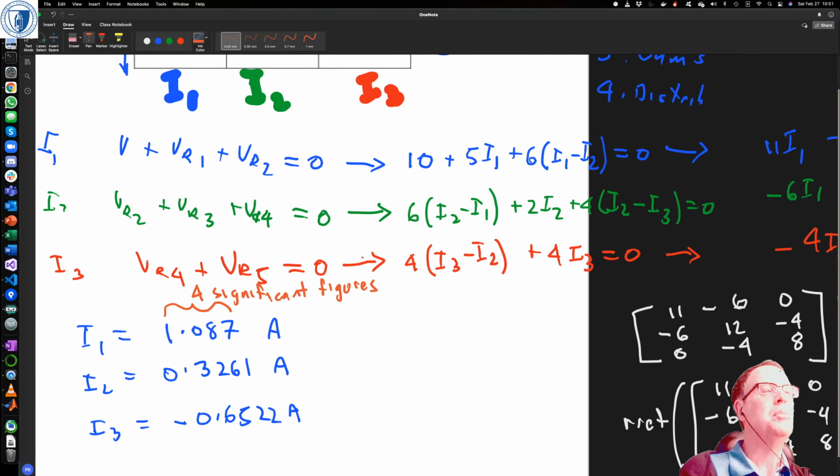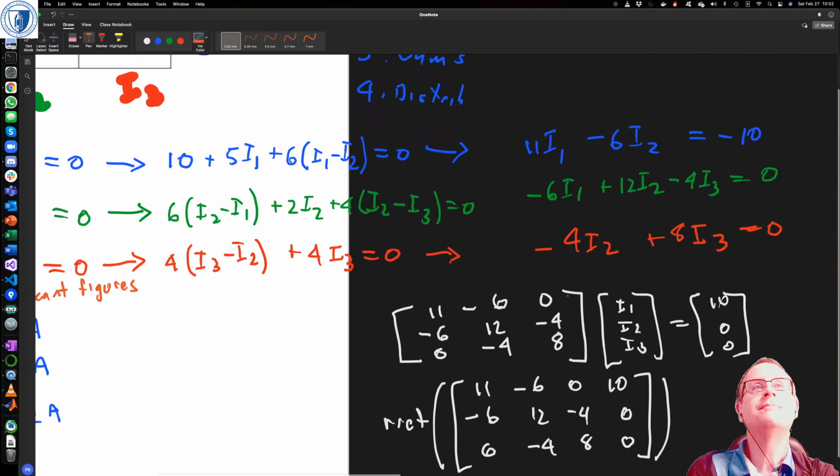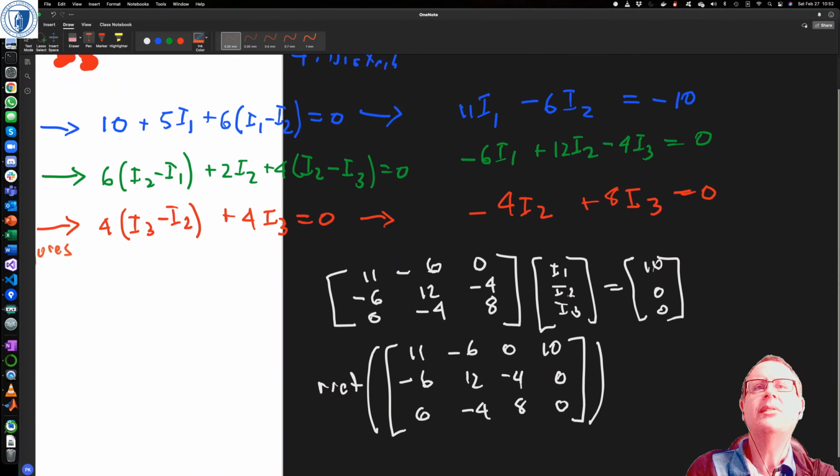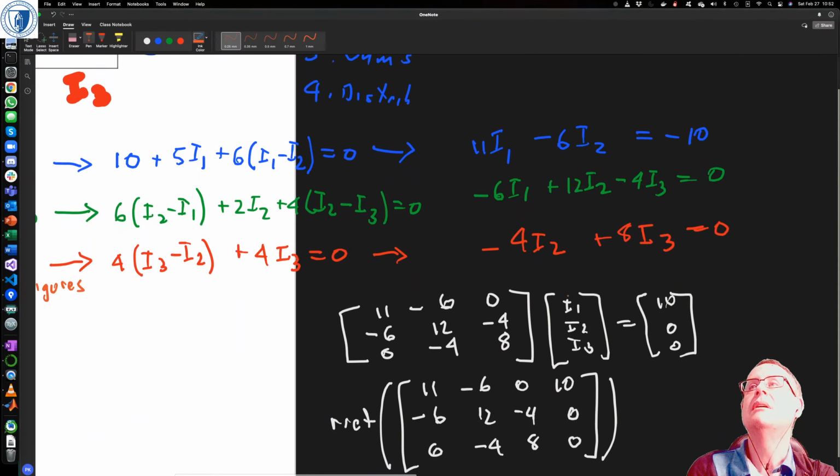I'm okay with the final answers being in 3 significant figures, but all intermediate values should be in 4 significant figures, because it tends to affect the accuracy in the final answer. If you've got intermediate values using only 3 significant figures, the answer at the end can then only be accurate to 2 significant figures sometimes, which I don't think is accurate enough. So can anybody see what I did wrong there?